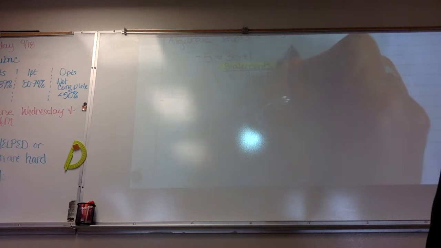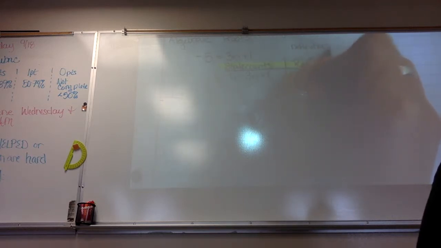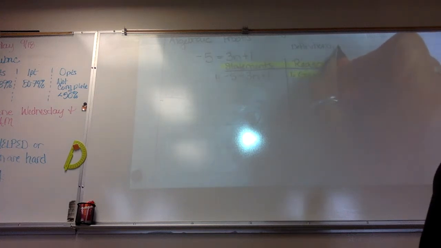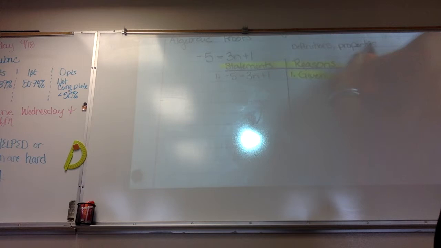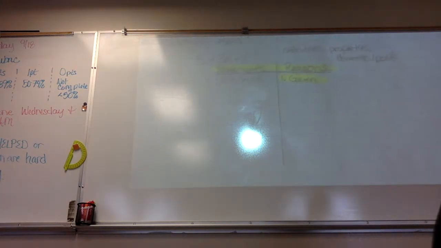Reasons can come from definitions. Reasons can come from properties, which is what you just looked at. Theorems and postulates. Those are the only places that reasons can come from.